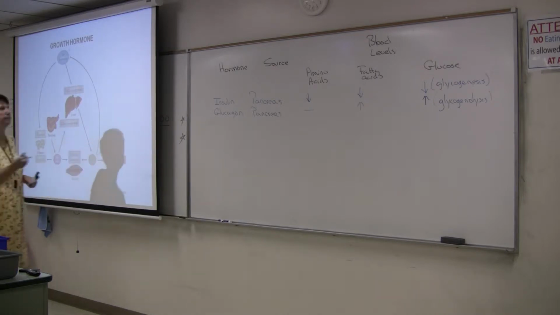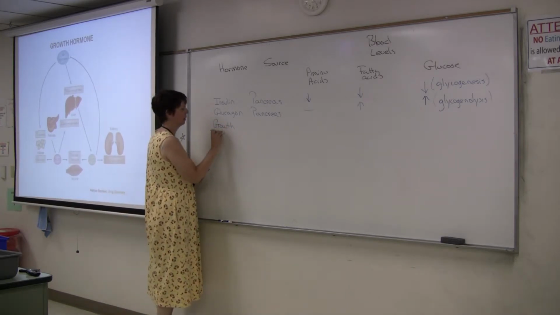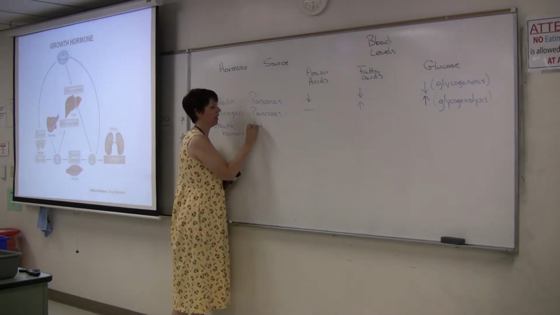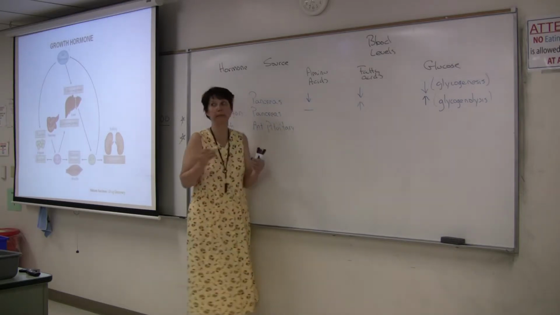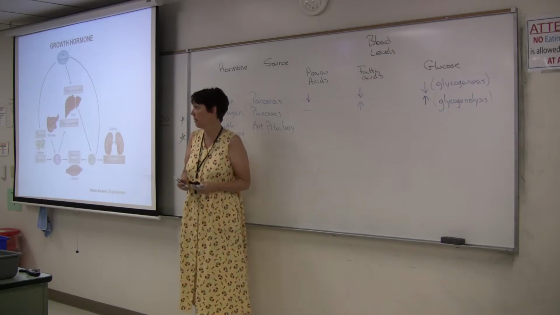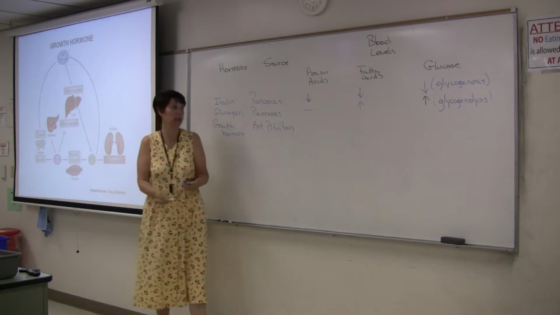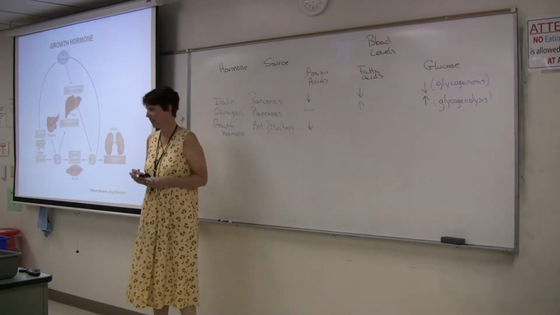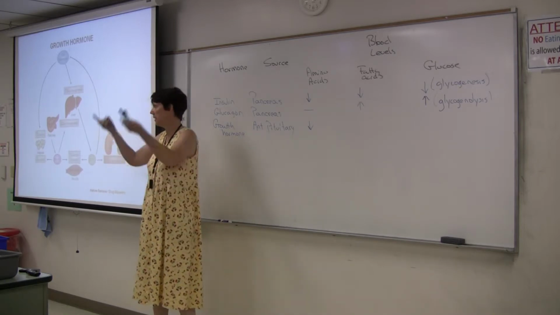So growth hormone is made by the anterior pituitary, and since it maintains or increases muscle mass, the muscle cells are going to be taking amino acids out of the blood to make more protein. So we're going to see a decrease in amino acids. Since we're not using glucose, glucose levels in the blood go up.